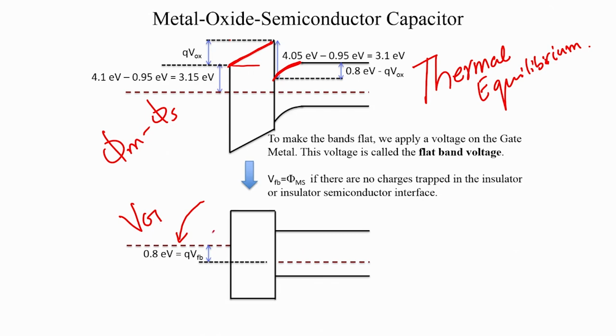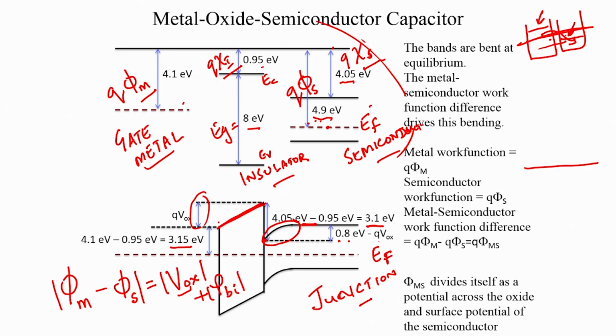So, that is the metal work function, that is the semiconductor work function, and we want to recreate the difference of 0.8 electron volt, because the only way we are going to get the bands to be flat is if you get the metal and semiconductor to have a work function difference that is 0.8 electron volt. So, you want the metal Fermi level to go up relative to the semiconductor Fermi level, and this has to be done by applying a gate voltage.